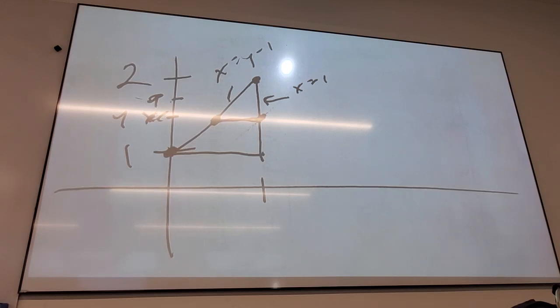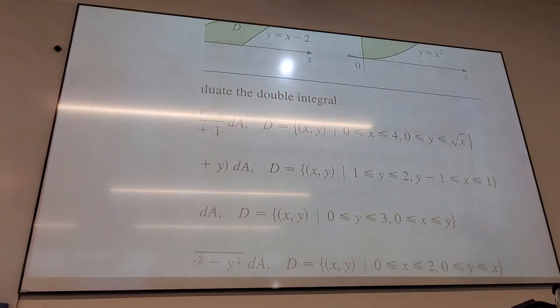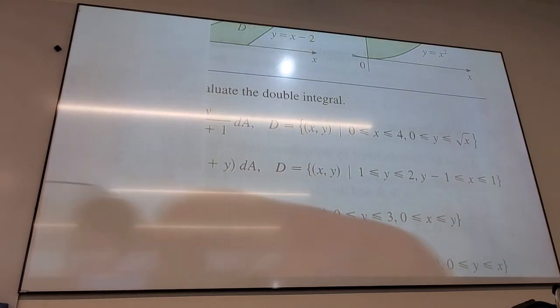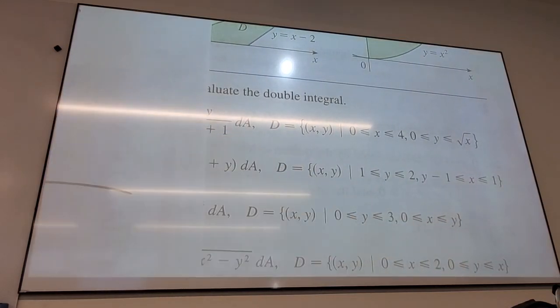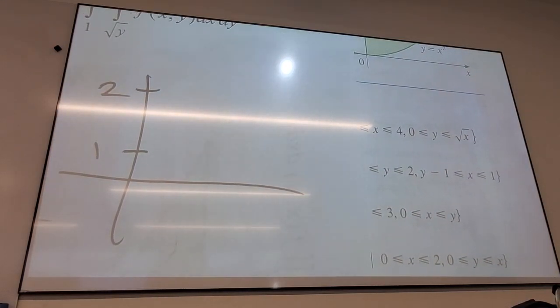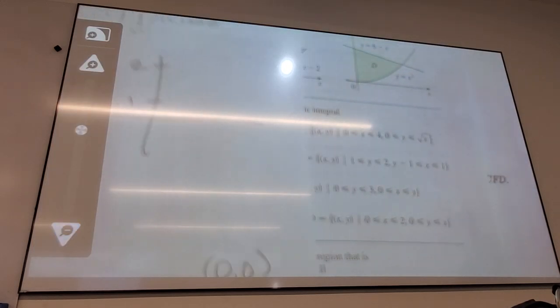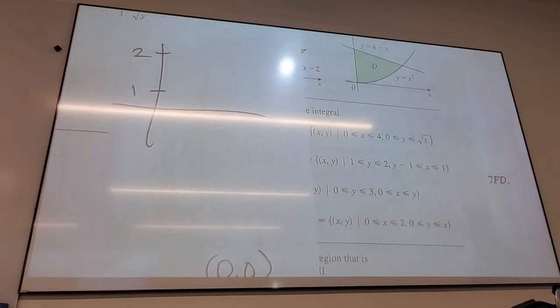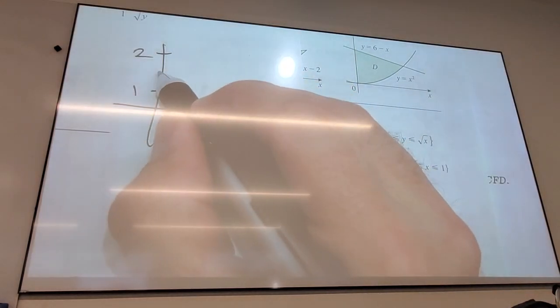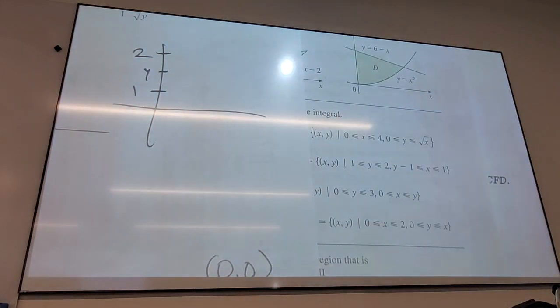So real quick, let me redraw this. It tells me y goes from 1 to 2, yes? That part I can start with, no worries. For any given y in there, x must start at y minus 1. So how do I graph y minus 1?